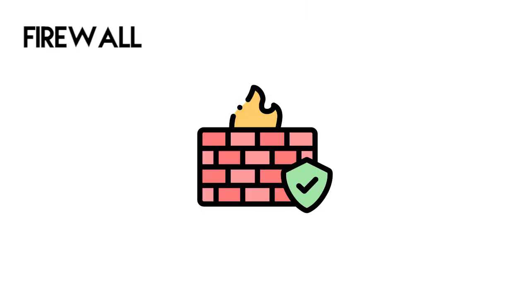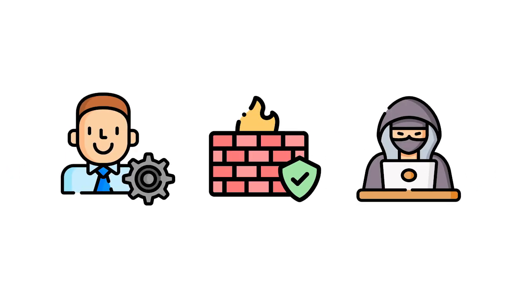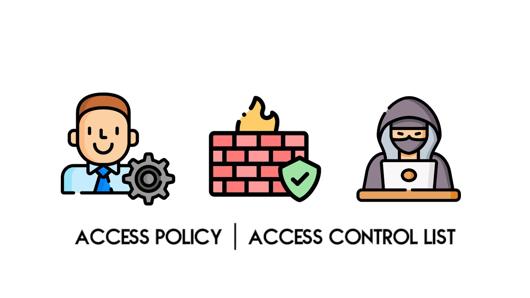And now, firewall. A firewall acts like a security guard between the internet and the local network. The firewall controls the connections coming into the network so that only the connections that are allowed can get through. A firewall has a list of authorized connections which are allowed in the network. This list is called an access policy or an access control list.